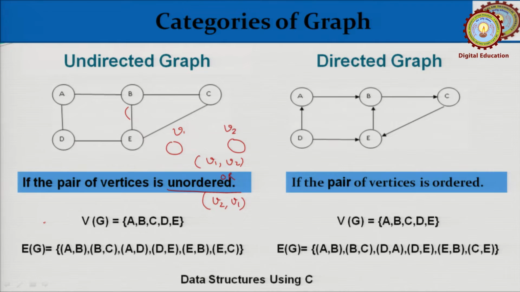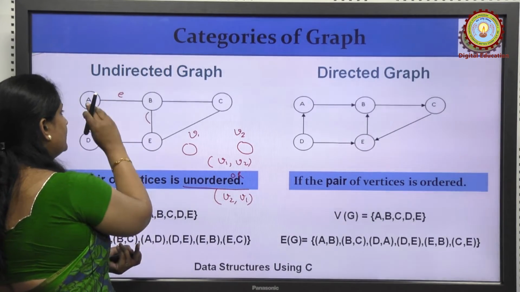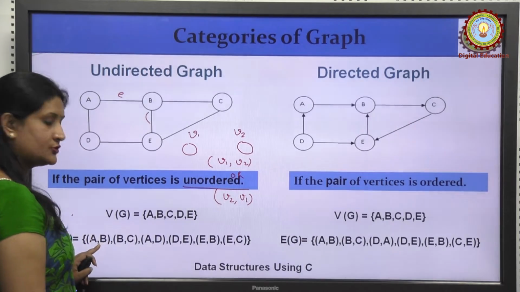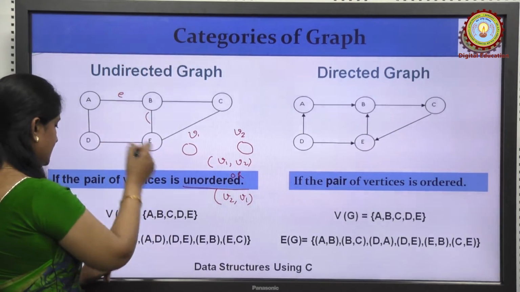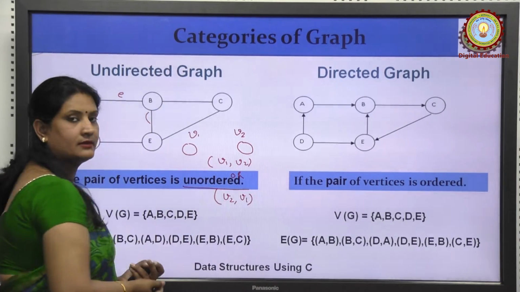In this example, the edge can be represented as AB or BA. We can also write AB, BA, edge BC, AD, DE, EB and EC.